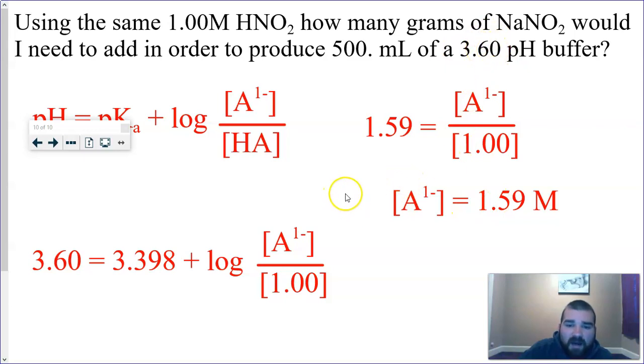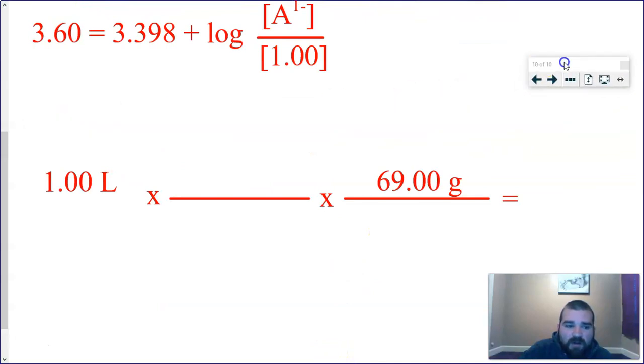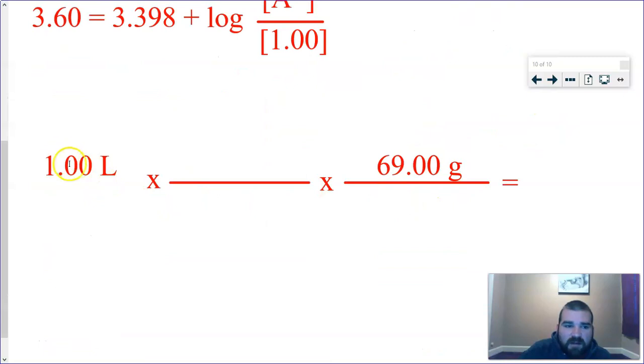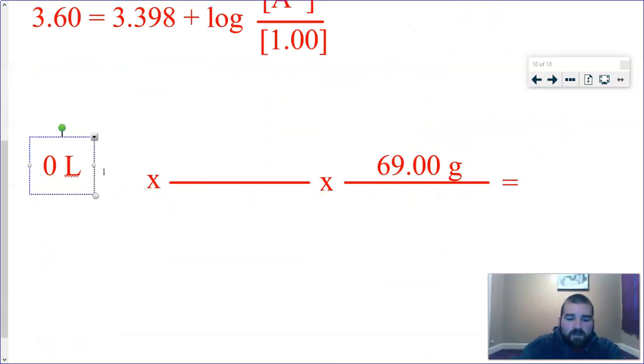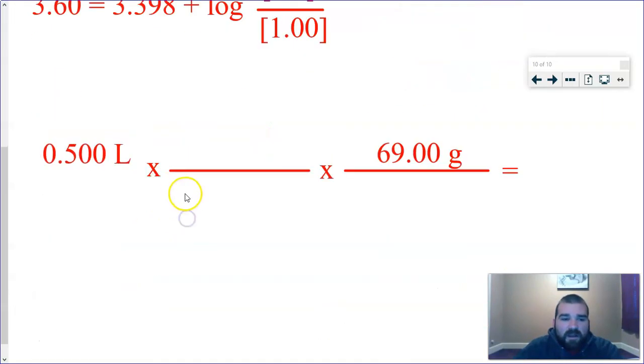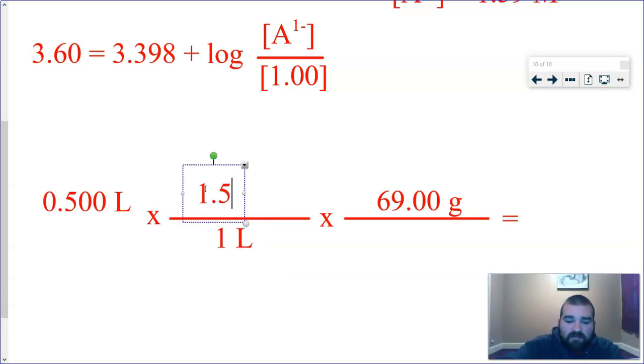Now, we need factor label math. I've already kind of preemptively set it up just to make sure I don't have to go running for anything again. My molarity of the conjugate base is this. I'm not making 1 liter. We are making 500 milliliters, which is 0.5 liters. And we are going to use this molarity of our conjugate base. So I have 1 liter on the bottom, and I have 1.59 moles on top.